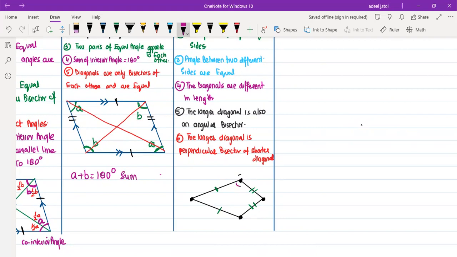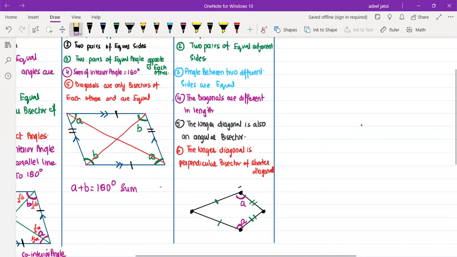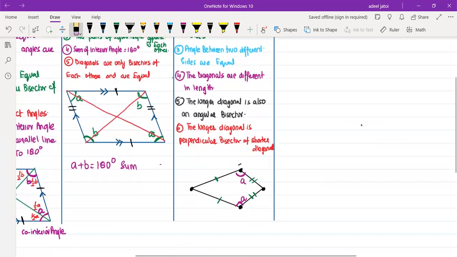That means if this is A, this will also be A. So these two angles will be of the same size, A and A. Now, the question clearly says that the diagonals are different in length. What are diagonals?